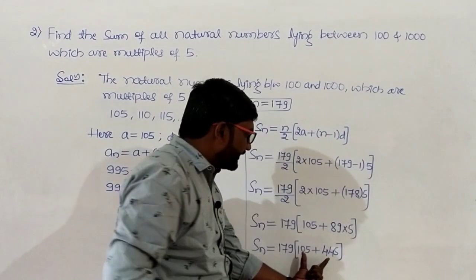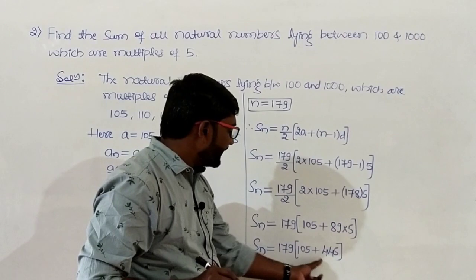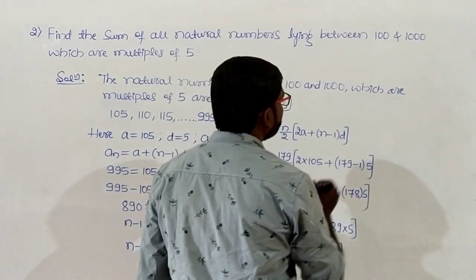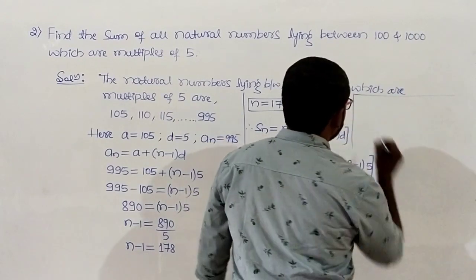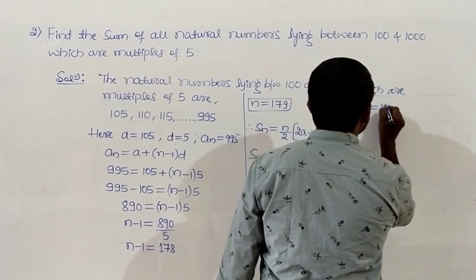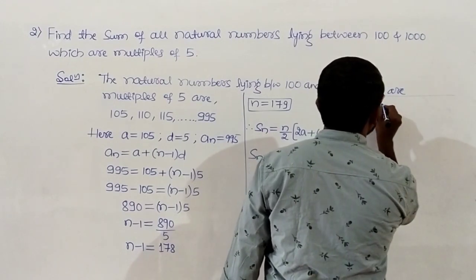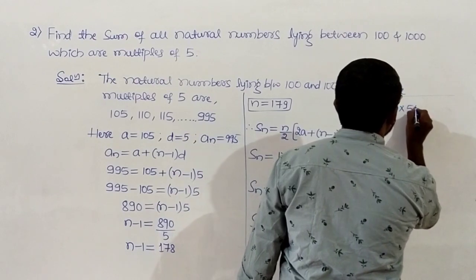Now add these two. 445 plus 105, you get 550. 550 into 179, that we have to do in the next step. So Sn is equal to 179 into 550.